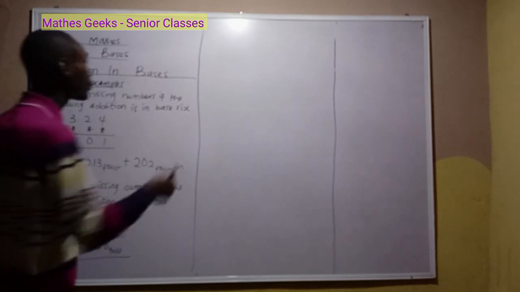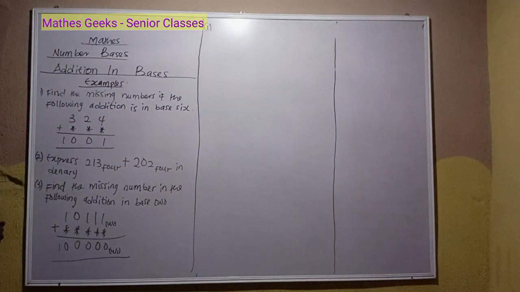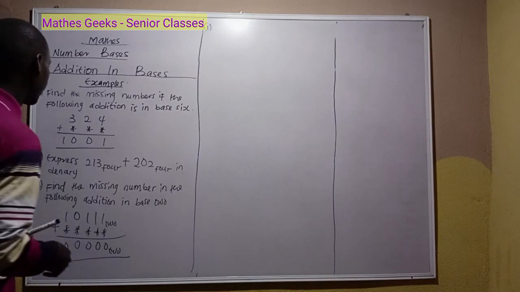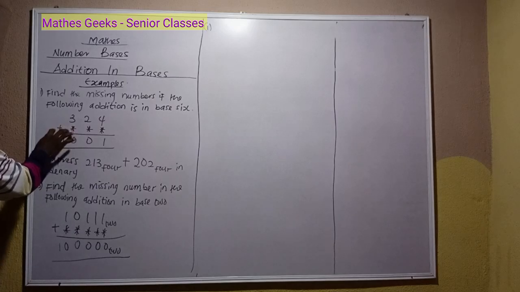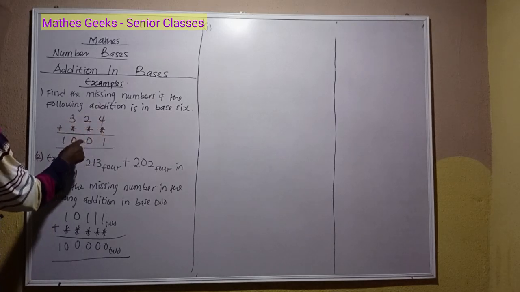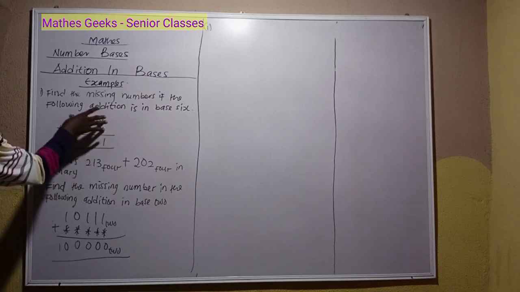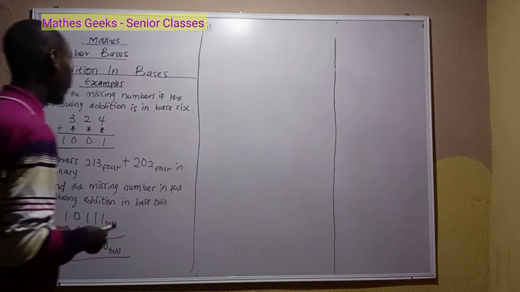Number 1. What we're going to do in this number 1 is to find the missing numbers if the following addition is in base 6. Okay, so if you are looking for these numbers and the operation is addition, that means if we subtract this value from this final result, we're going to get what was added to this number to get this result.